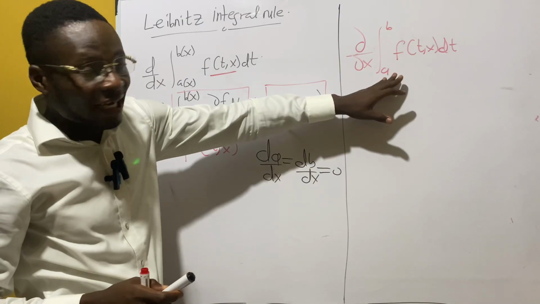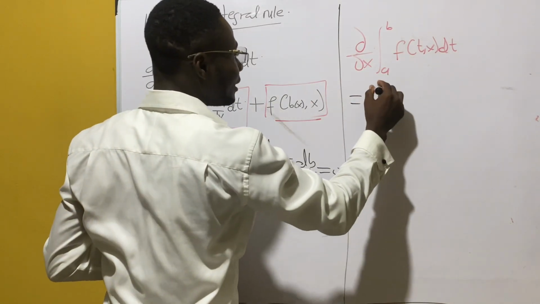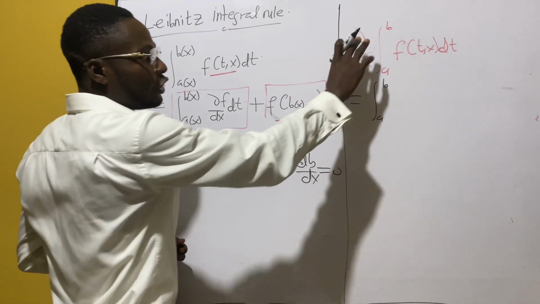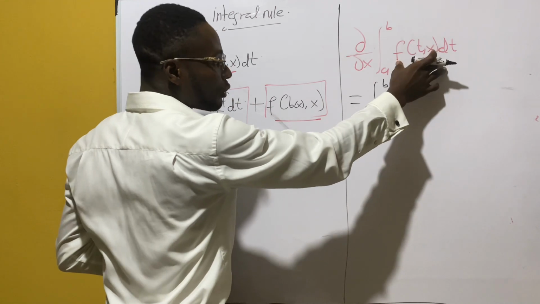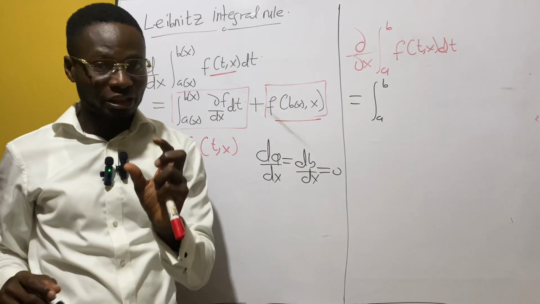And this can be written as the integral from a to b, where you bring the partial inside because you are going to integrate the function under the integrand partially.